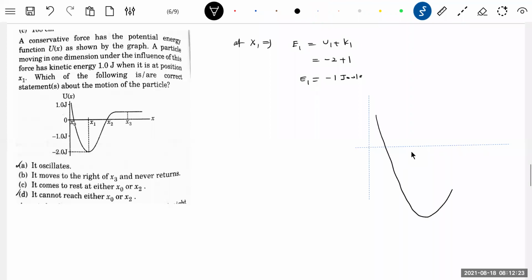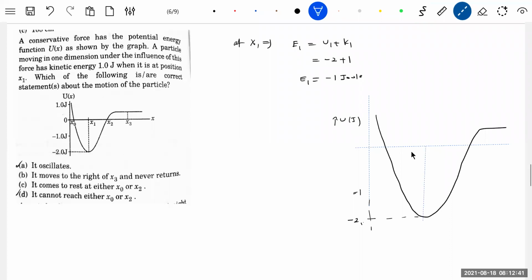There's a rough graph. Okay, this was the reference point for us, the stable equilibrium.